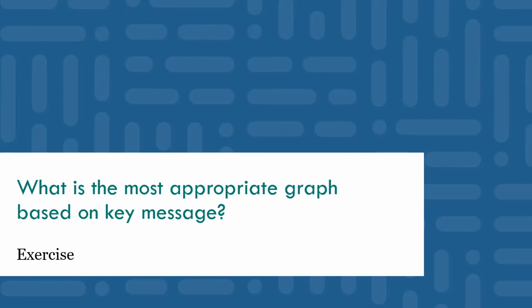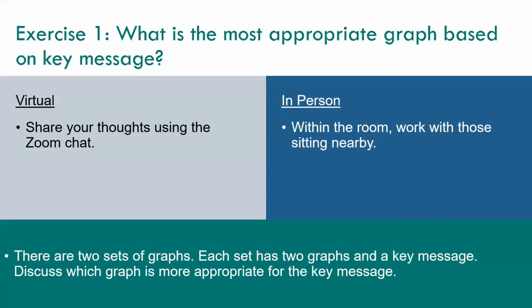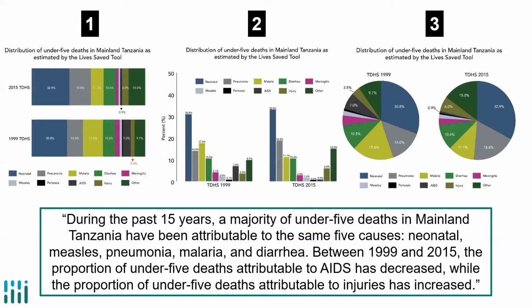The objective of the study was to characterize data visualization interpretation capacity and preferences among Tanzania stakeholders. This is the exact exercise from the study where we showed individuals different versions to visualize the same data. So I'm going to pause right here.